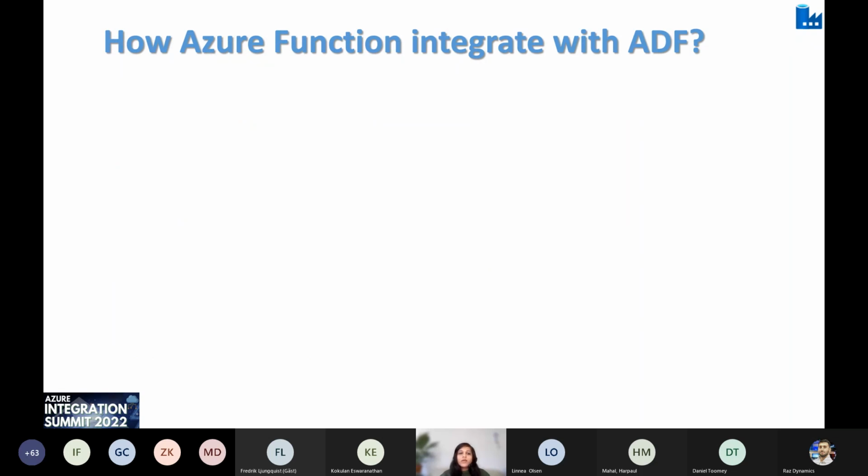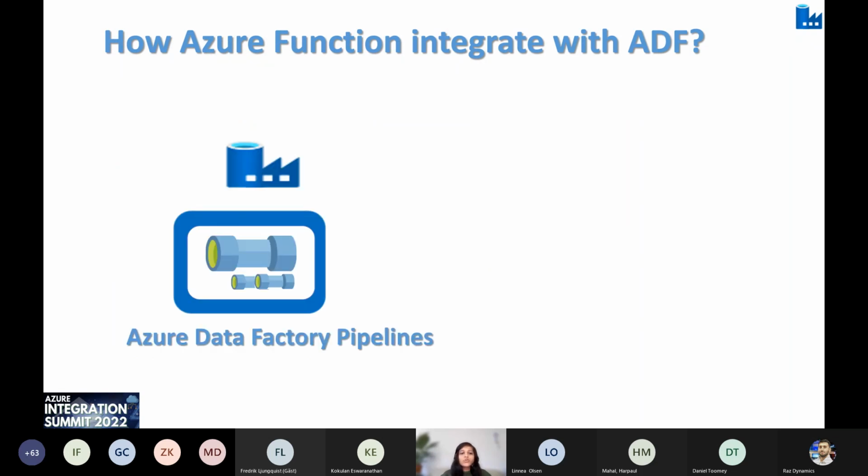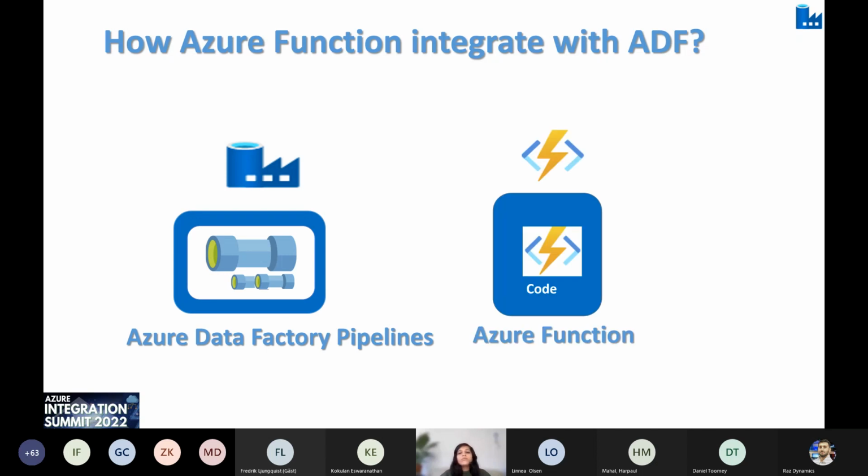For that, we have to create our Azure Data Factory in the Azure portal. After that, we need to create an Azure Function in an Azure Function app. So now I have a function and I have a data factory. In the data factory, I have a pipeline, and in my pipeline, I have an Azure Function activity.